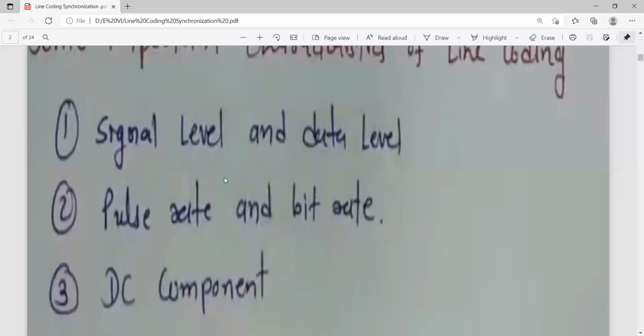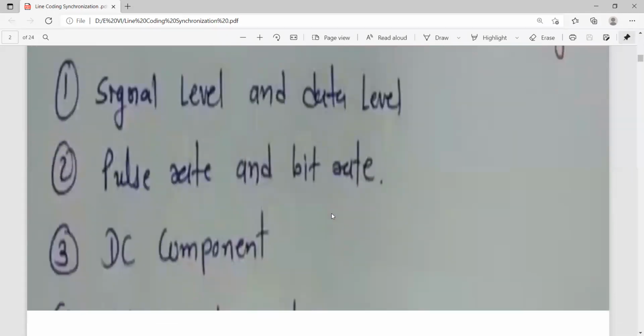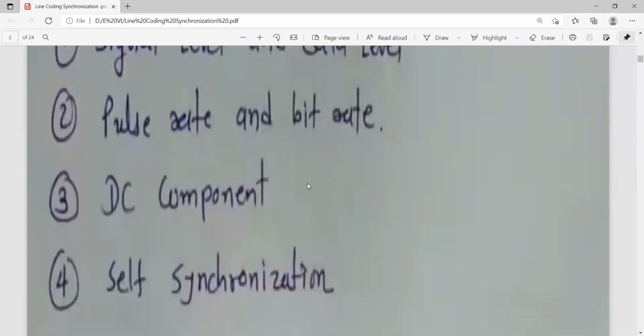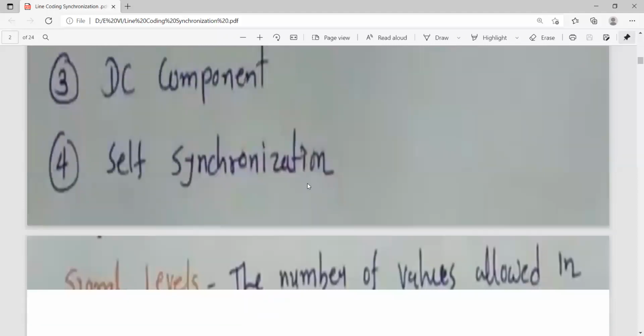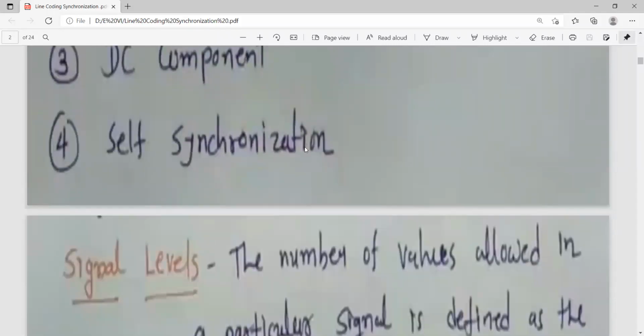That is signal level and data level. This is one characteristic. Then pulse rate and bit rate, then DC component, then self synchronization. These are the 4 important characteristics.